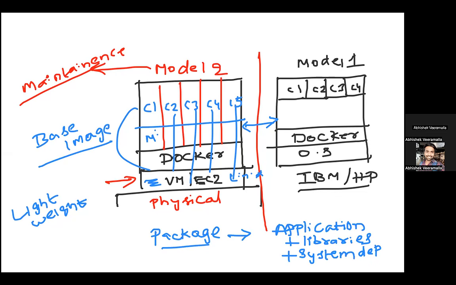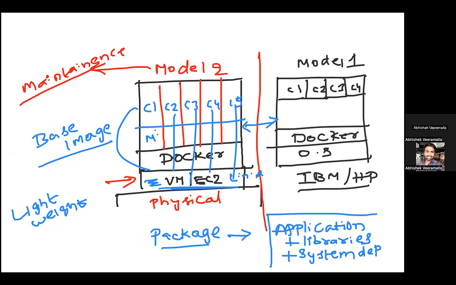Let's say your application might require Python, or any system dependencies. So what your Docker container does is, it will be a package of your application libraries and system dependencies. Any other system related packages or any other shared libraries, let's say your etc, will be used from the host operating system. So that's why Docker containers are very lightweight in nature.